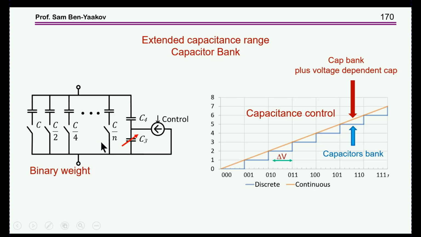On the other hand, if we combine these two ideas, we add in parallel a variable capacitor, just, you might say, for the last bit of the number, then I can close the gap. And I can get any number with infinite resolution of the capacitance. So this is very powerful, and we've used it a lot already.